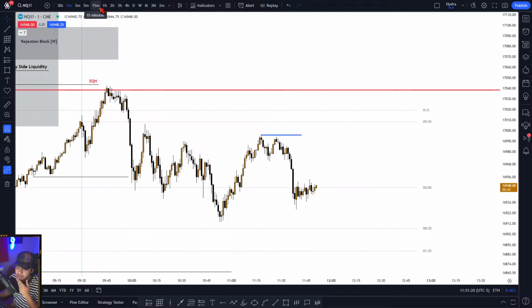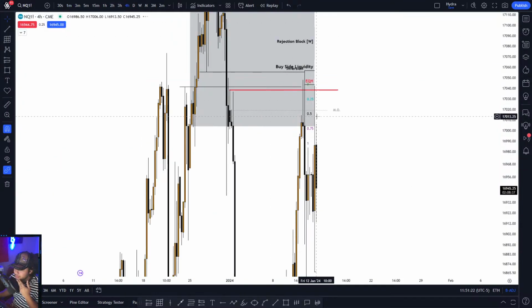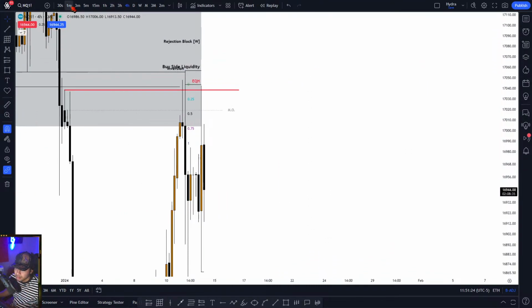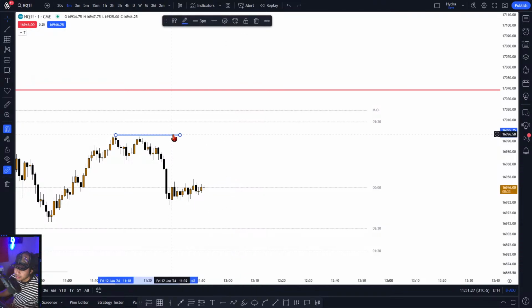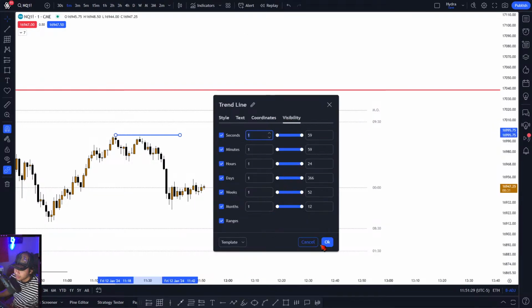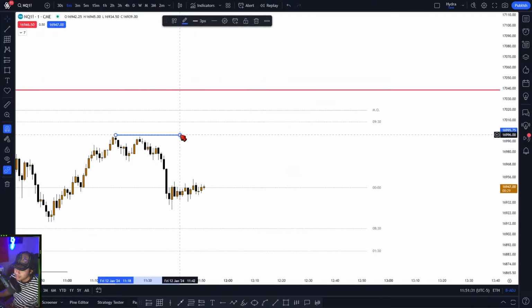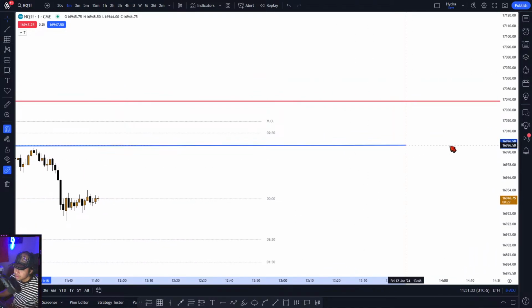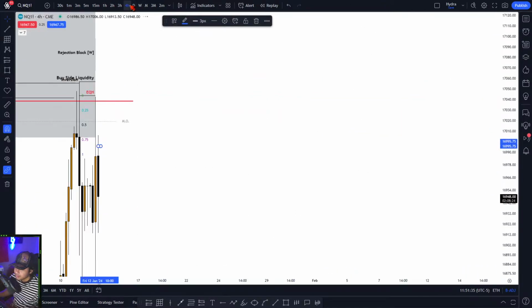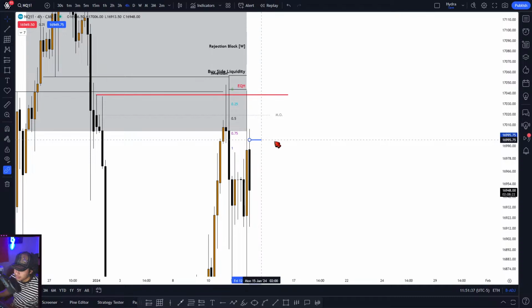So now let's go to 4 hour. Why can't I see it on higher time frame? Okay, is it because it's too small? 4 hour. Okay, it's here.